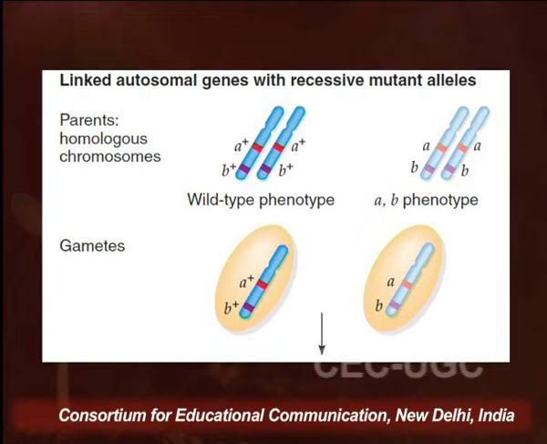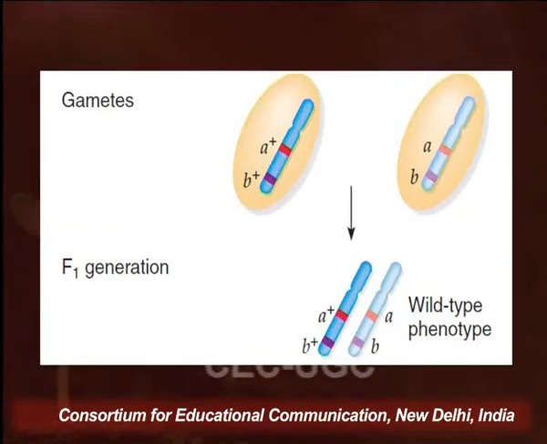What we find is that since these particular genes are linked and they have the recessive mutant alleles, the gametes which are formed, as you can see on your screens, are A plus B plus and a b, giving rise to a double heterozygote in the F1 generation, which is again considered as a wild type phenotype.